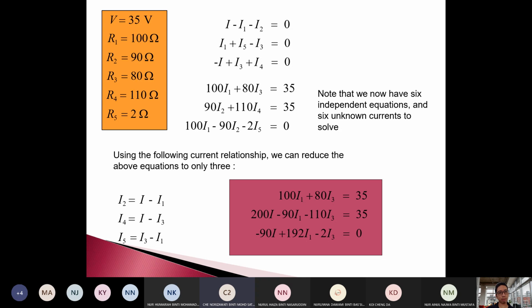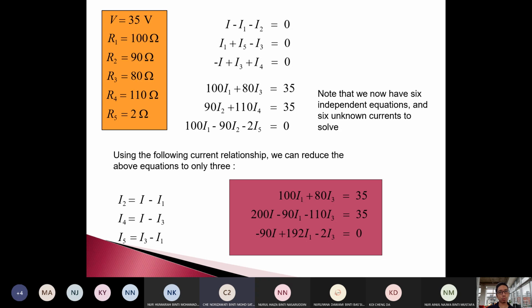That equals 35. Similarly for this one, I1 you can retain, you can replace I2, so you can obtain the equation in terms of I1 and I, and also you can reduce the I5 into I1 and I3. You obtain this equation.